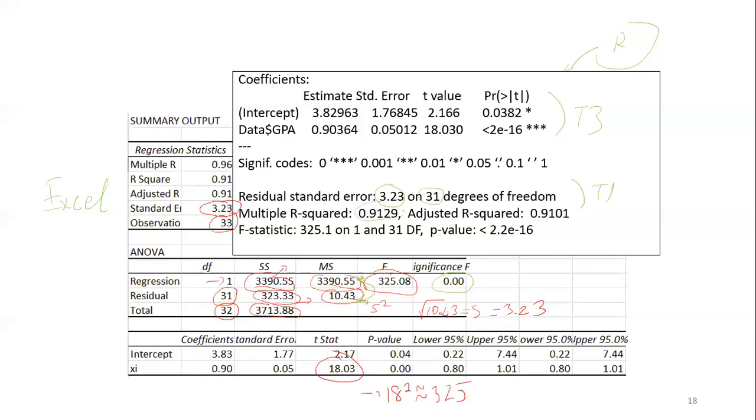This is R squared. This is adjusted R squared. We will see what an adjusted R squared is in the next slides. And the F statistic is 325, and the p-value is less than 2.2 times 10 to the power minus 16, which is almost zero. And this is related with the ANOVA.